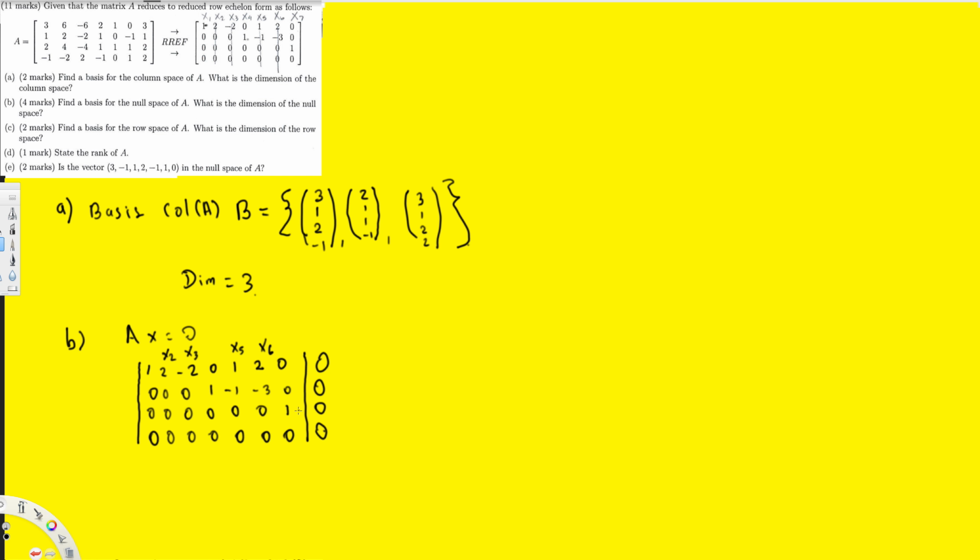So what I have to do is write these three, x1, x4, and x7, in terms of the free variables. Then I can finally find the vectors of the null space.